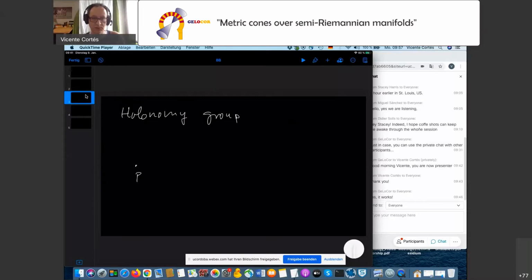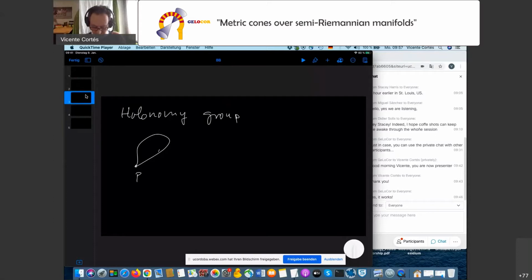Of course, we assume that the manifold is connected. You fix a point P, and then you consider curves with base point P, so they start and end at the point P. You have the parallel transport along such a curve, and this defines some orthogonal transformation of the tangent space at the point P. And these transformations generate a group, and this group is called the holonomy group.